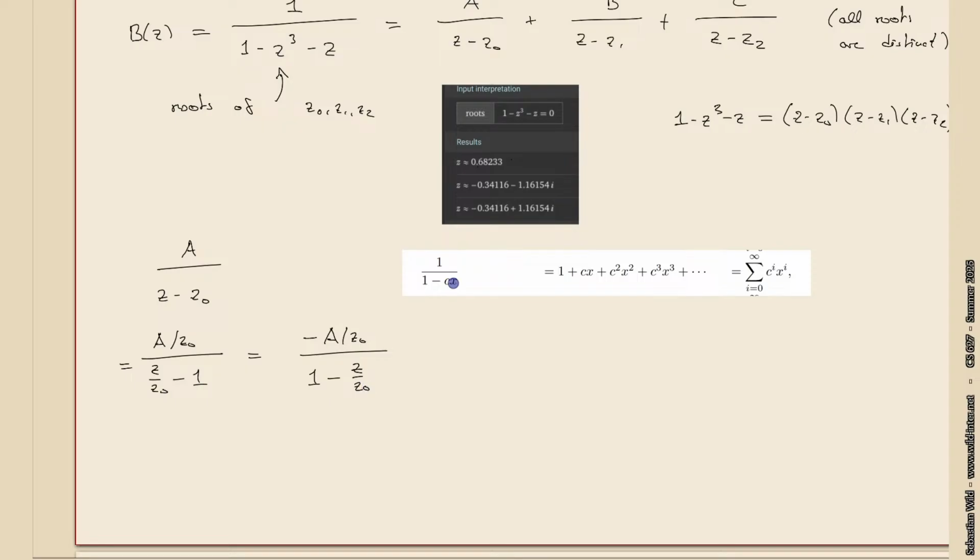And now we have it in this form. The constant is 1 over z0. And we have some factor in front. But that's actually just a factor you can pull out.